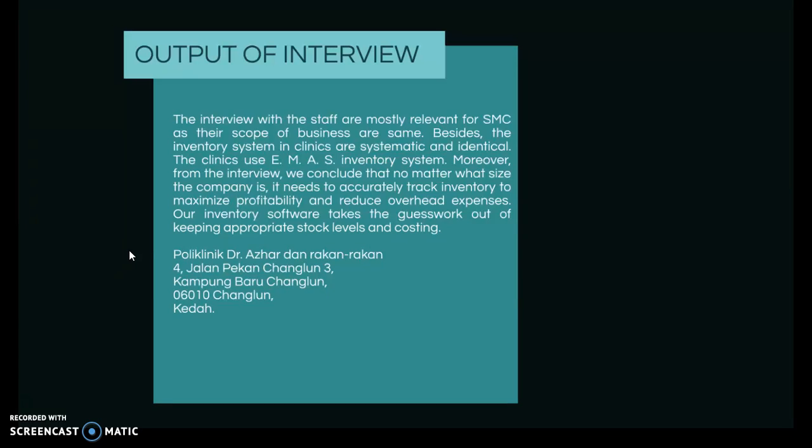The clinics use the EMAS inventory system. Moreover, from the interview, we conclude that no matter what size the company is, it needs to accurately track inventory to maximize profitability and reduce overhead expenses. Our inventory software takes the guesswork out of keeping appropriate stock levels and costing.